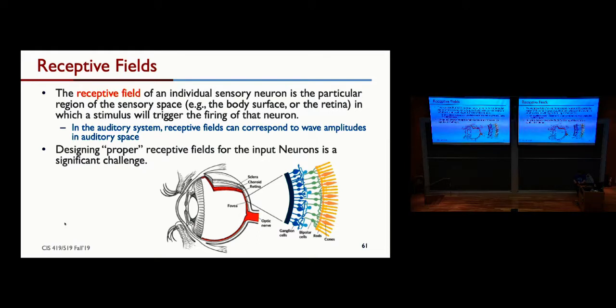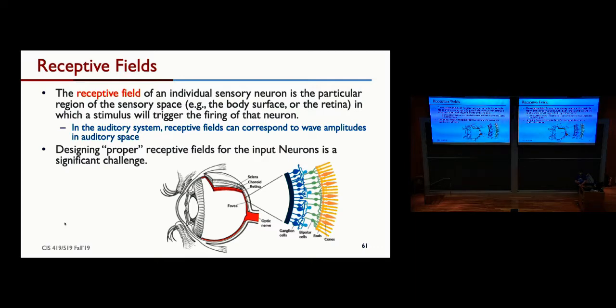There are rods and cones in the eye which light up based on different colors. But we still don't know how shapes are modeled in the eye, and it was a big challenge for computer science in general to try to model it. So the higher-level idea is that you're trying to come up with ways to model the input data.